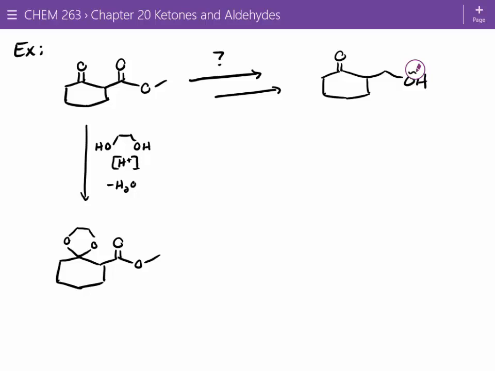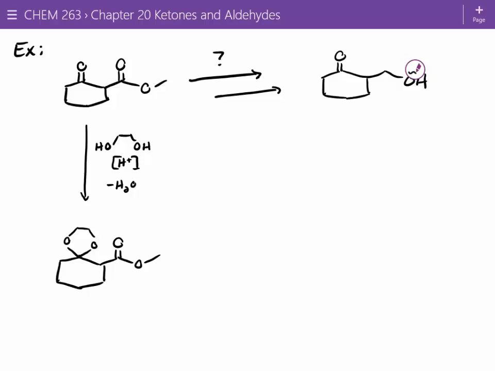Why doesn't it do the same thing with the ester? Because it can't, but why can't it? We can accept it on faith. Maybe somebody wrote it on a tablet and it dropped from the sky. Or we can just say that ketones are more electrophilic than esters, right? So if we're going to do an acetal formation, it will only work on ketones and aldehydes.